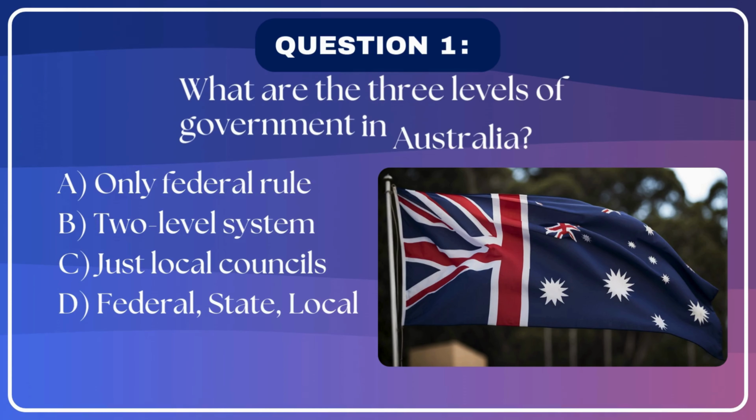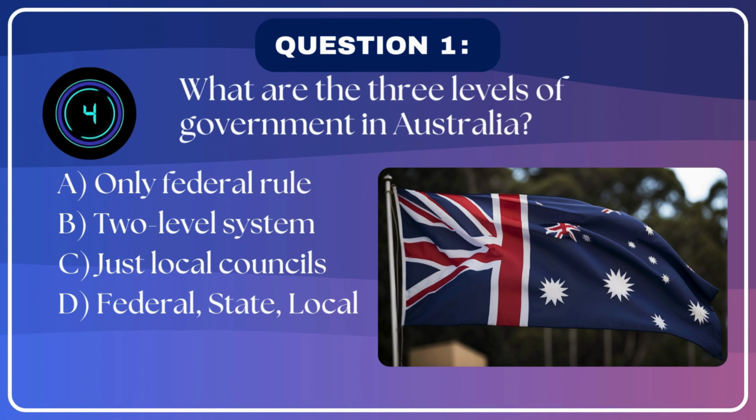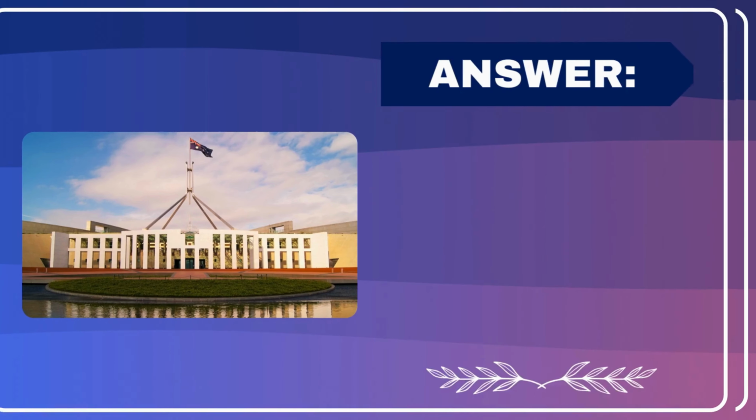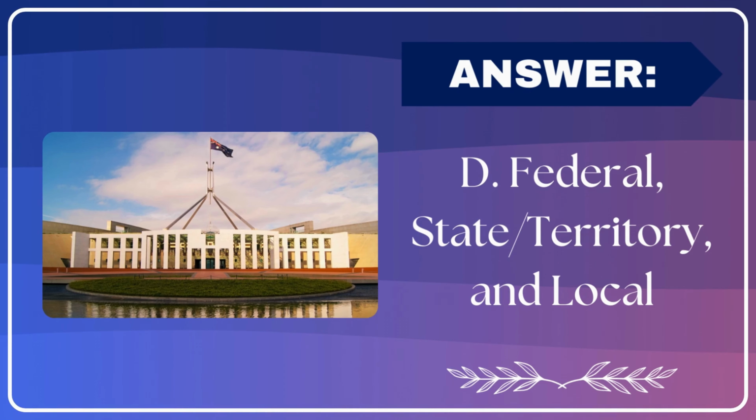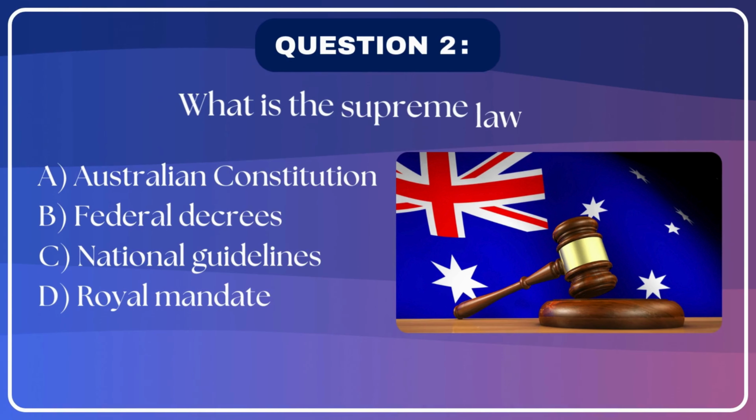What are the 3 levels of government in Australia? Federal, state/territory, and local. What is the supreme law of Australia?